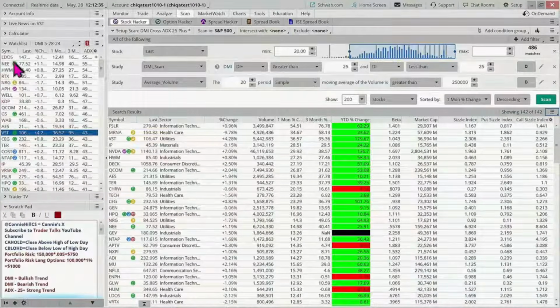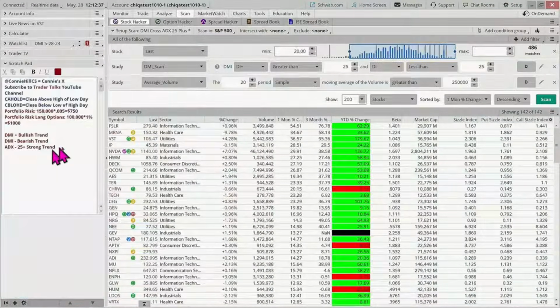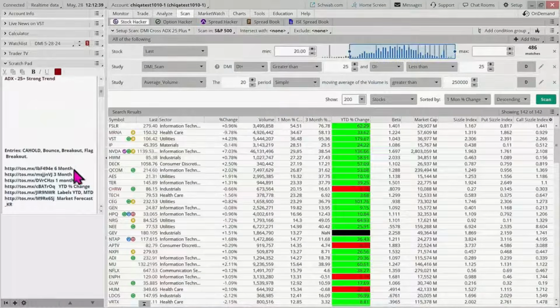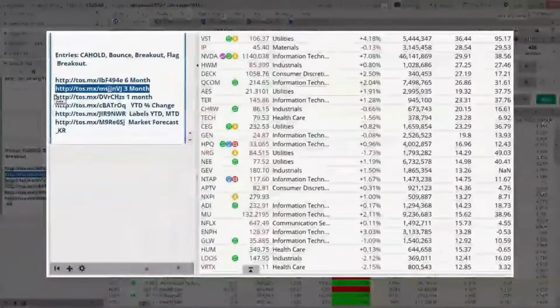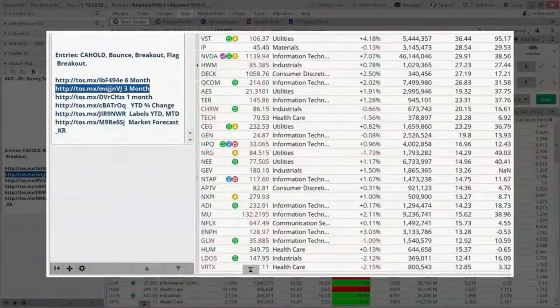Let me collapse the watch list for a minute and scroll down. Here is the 1 month script. Here is the 3 month script. I always have to tell you, any script that we share with you is not guaranteed as to accuracy or timing.